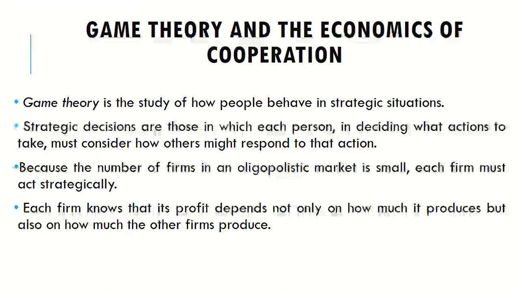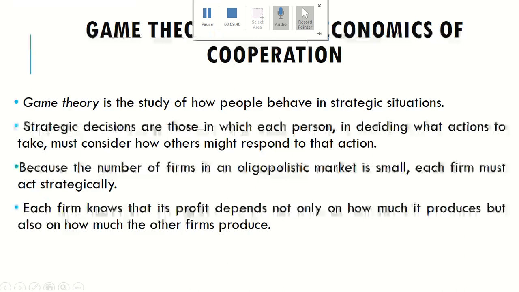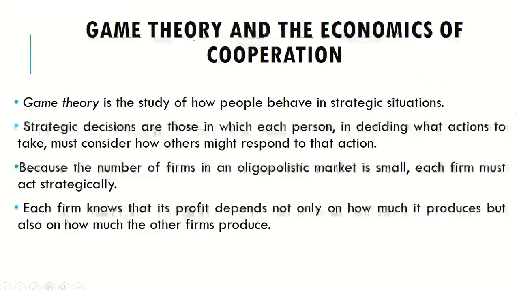When we talk about game theory, we have to discuss strategic decisions as well, that are taken by the firms. So in that case, a firm must decide how much to produce, and it depends on its competitors as well, on how much other firms are producing in the industry and how the other firms are making their own decisions.